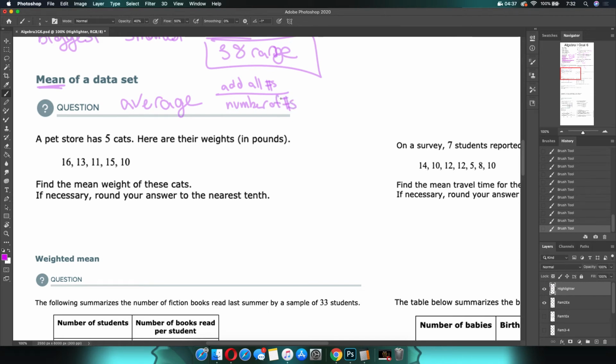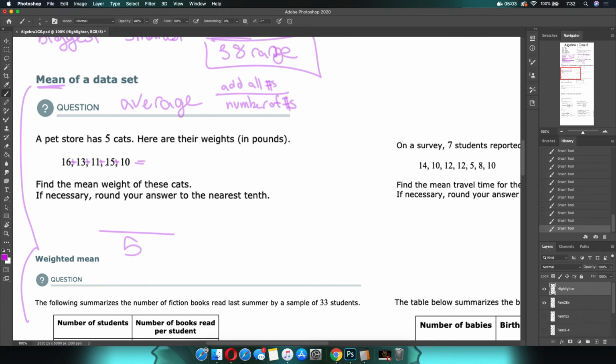Okay, and we're going to take mean for a second, and we're going to work on it for a couple of different topics moving forward. So let's see here. We have 5 cats, so whatever I'm doing is going to be divided by 5. And what I now need to do is add up all of these numbers. So let me do this live in my head. 16 and 13 is 23. 23 and 11 is 34.